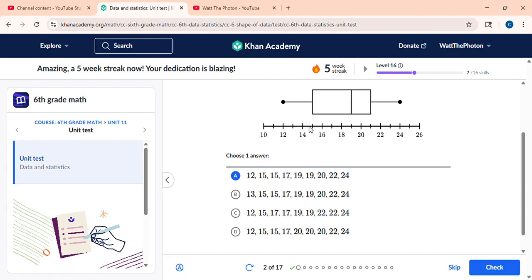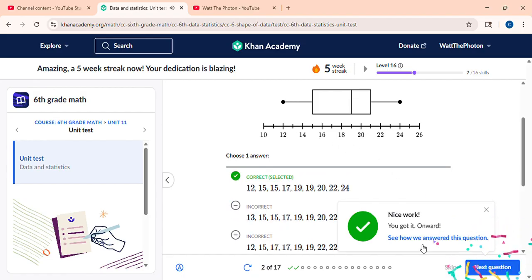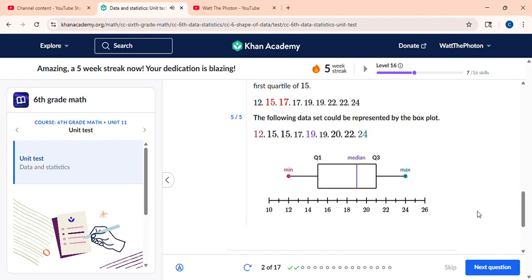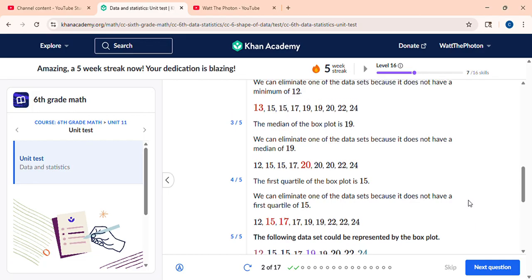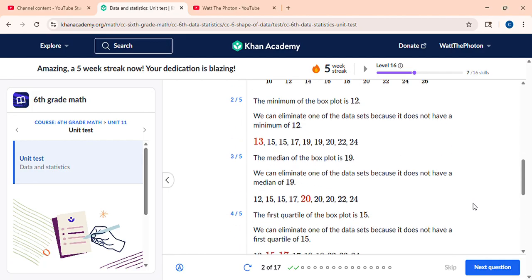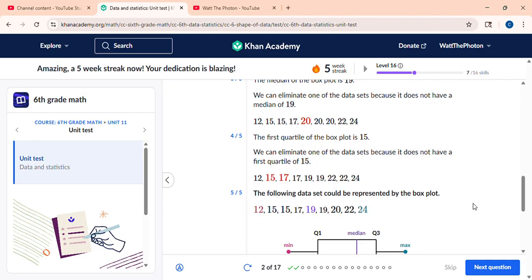There's just not enough data on the lower end. How did you answer that? First quartile is 15.